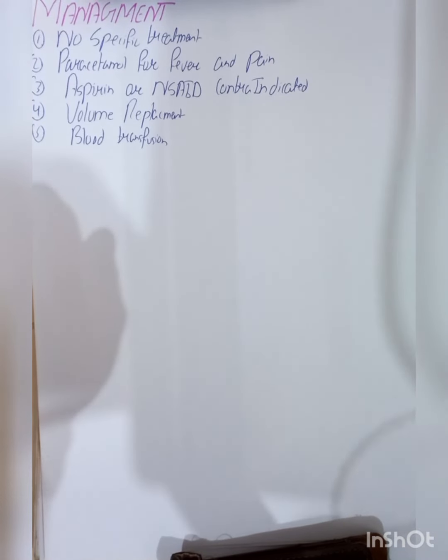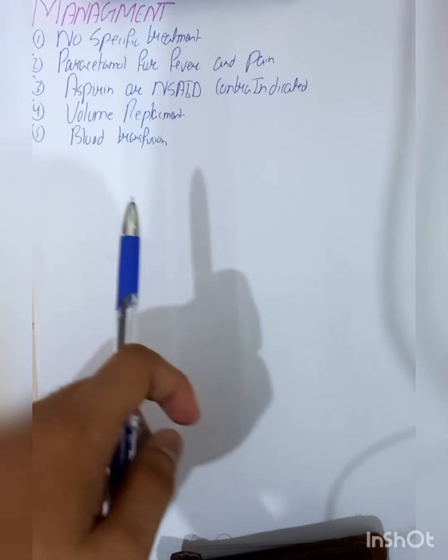Now we talk about the management. There is no specific treatment for dengue fever, and there is no antiviral available at the moment. It usually subsides within a few days on its own. So we give paracetamol for fever and pain.